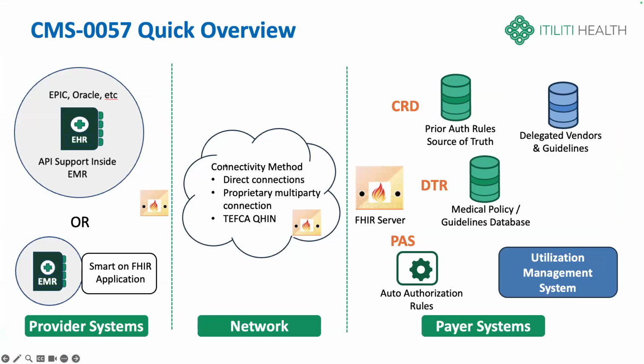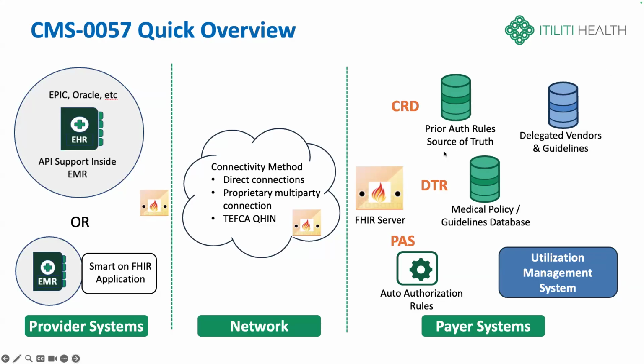So for example, when these transactions come through the network, if the CRD destination is ultimately going to be a delegated vendor or a third-party guideline company, there needs to be a source somewhere in this environment where the payer can easily configure their rules to say, starting today, procedure code 12345 is going to need to get to this delegated vendor.